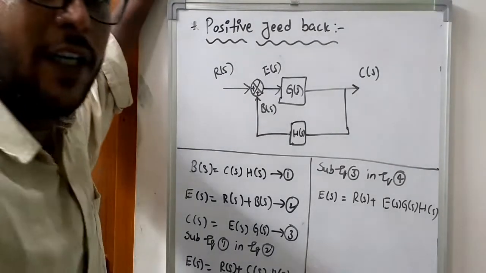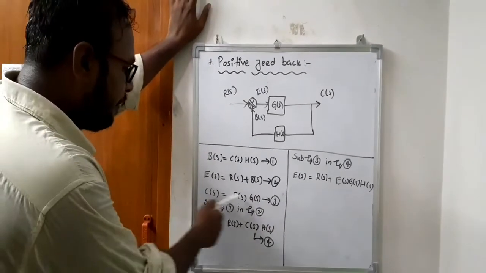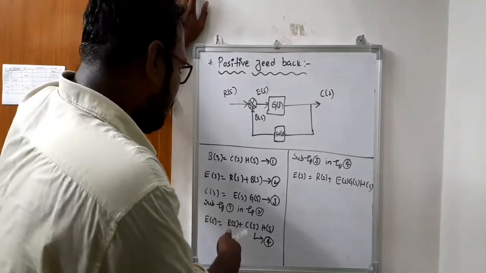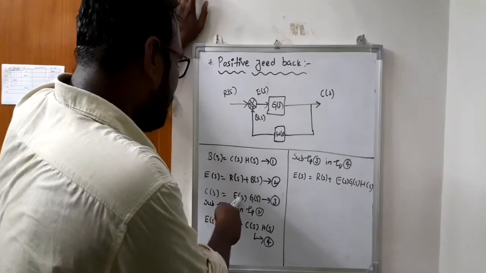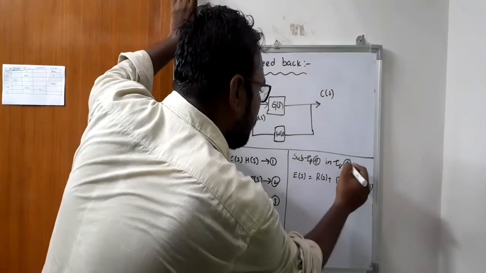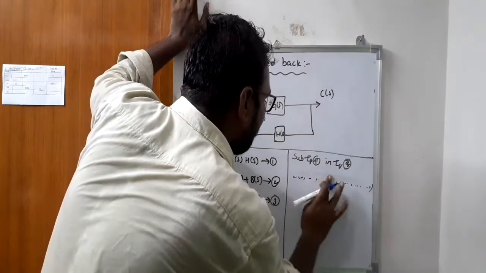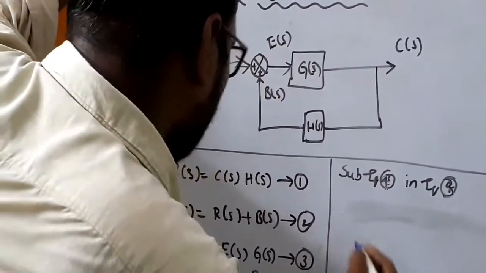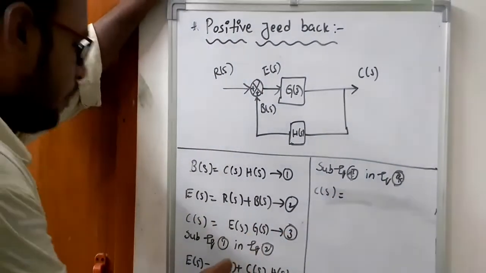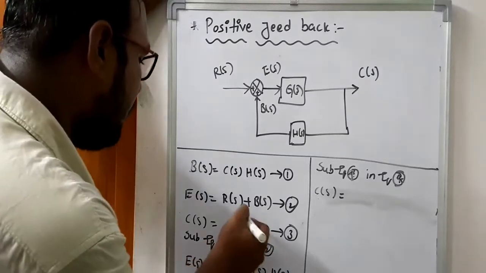Okay students, we have made a small mistake here. In equation 3 we have C of S, so we substitute the E of S value here. Substitute equation 4 in equation 3. C of S is equal to E of S into G of S. Now we substitute the E of S value here.